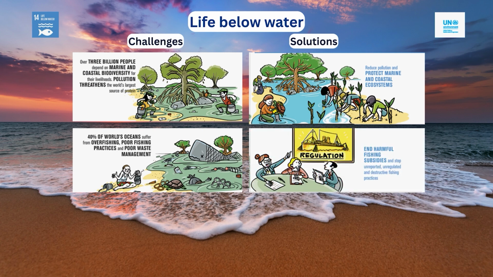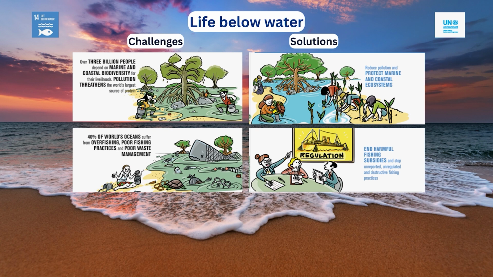So we need to end harmful fishing subsidies, which we used to give when civilization started a few decades back, to efficiently utilize the technology. So we need to stop such kinds of fishing subsidies.